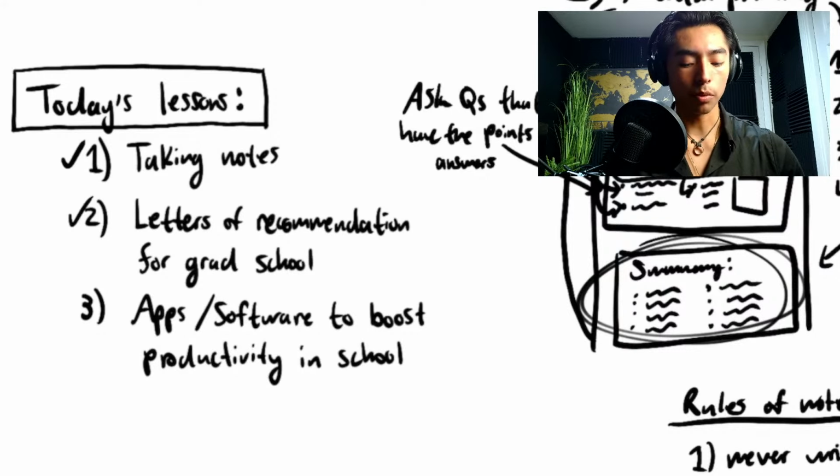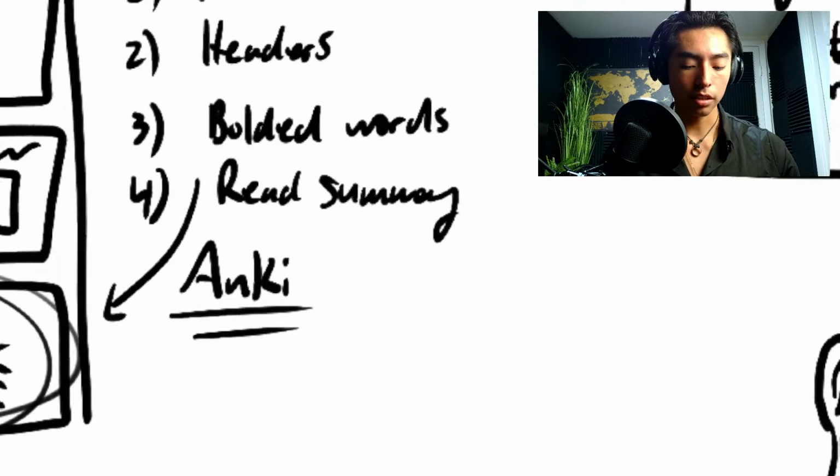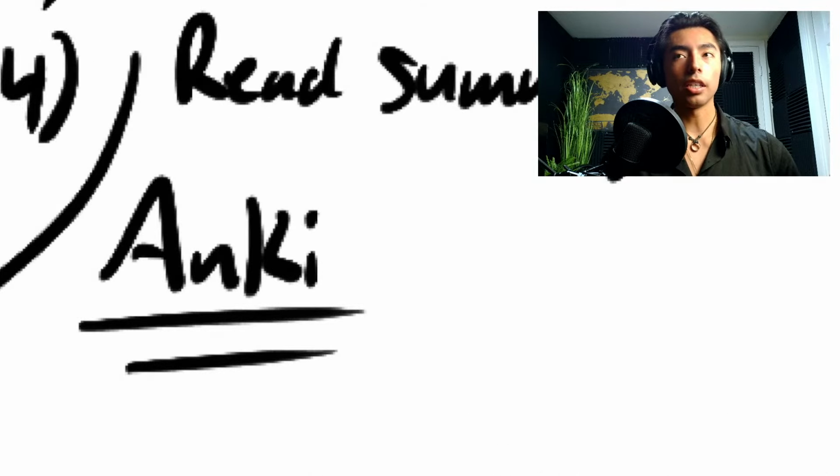So number one, Anki, which I talked about right here. Anki is a free software that essentially allows you to create your own digital flashcards, so you can type them. That's how I make them fast enough to do it in class.